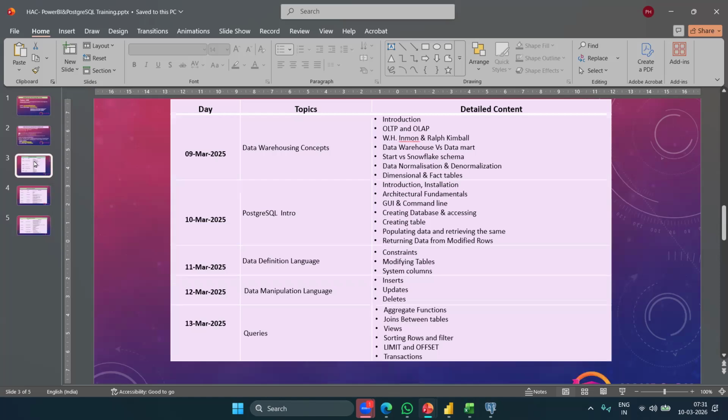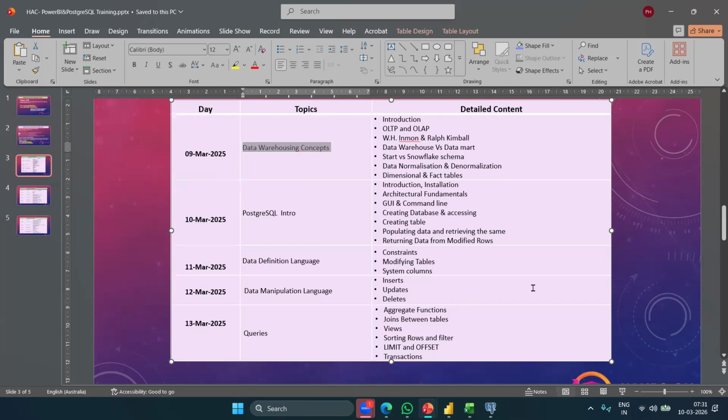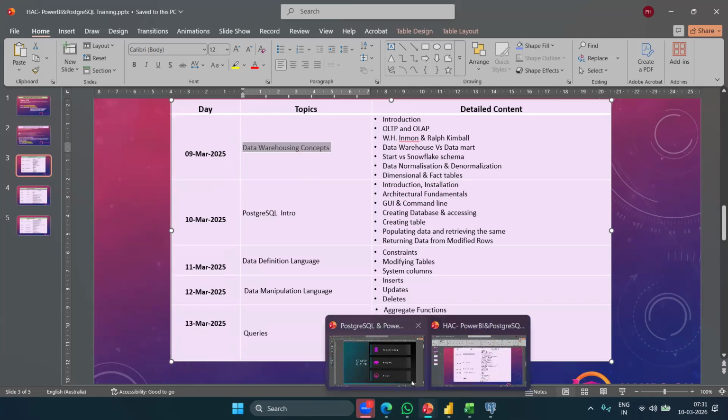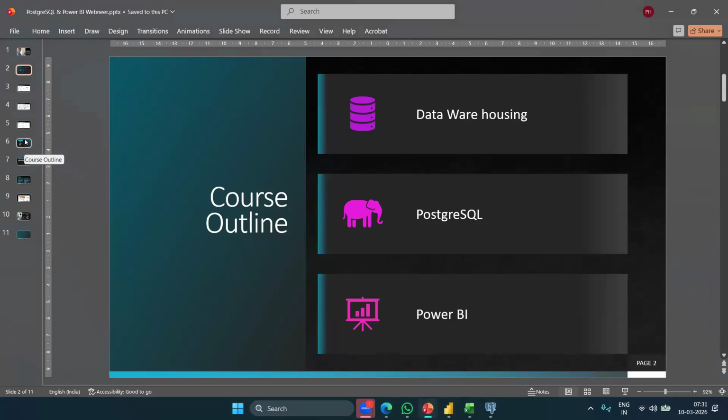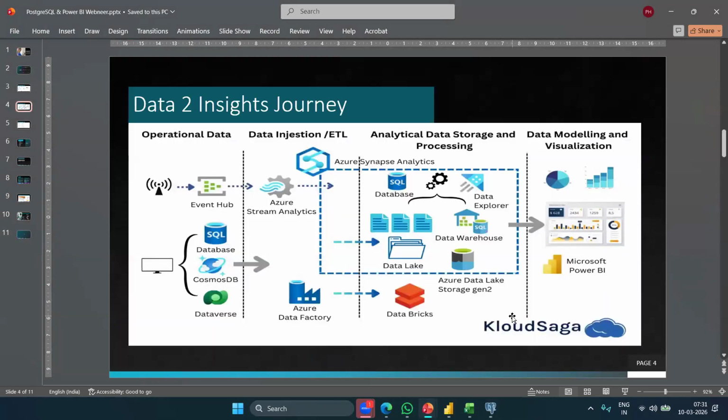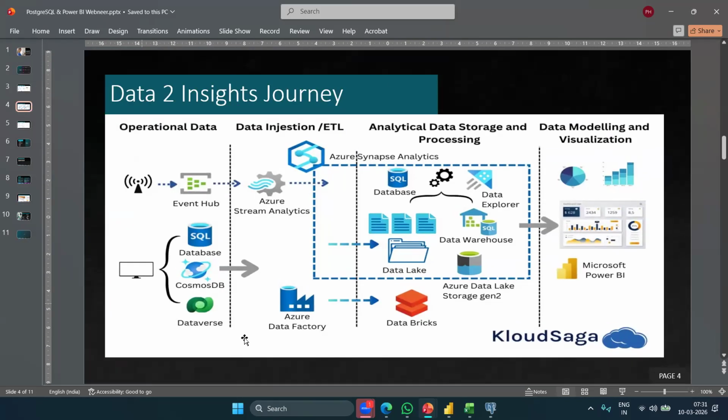Okay. Now, as a part of the first class, we are going to touch base with the data warehousing concepts, right? Now, in this journey, you can see the ETL or analytical data storage and processing. I'm just going to give a simple example.